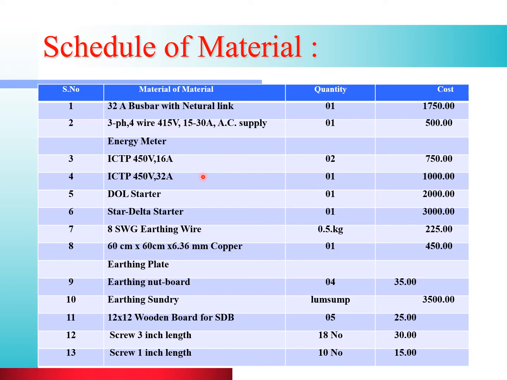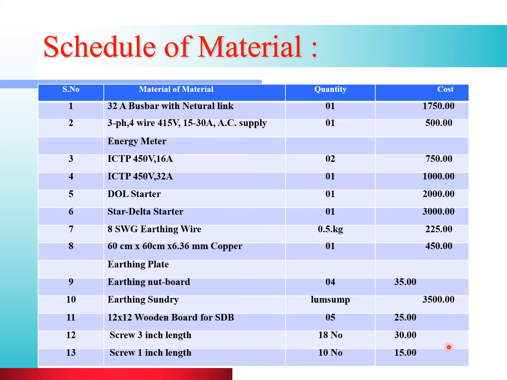From the rating of the various materials used, you have to prepare a table of schedule of material for this industrial motor installation: serial number, material, then quantity and the cost. We require the 32 ampere bus bar with neutral ring, one number.